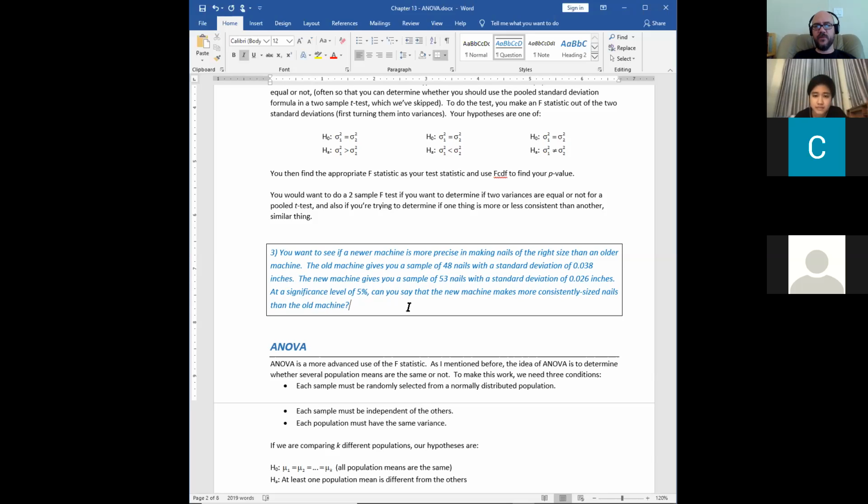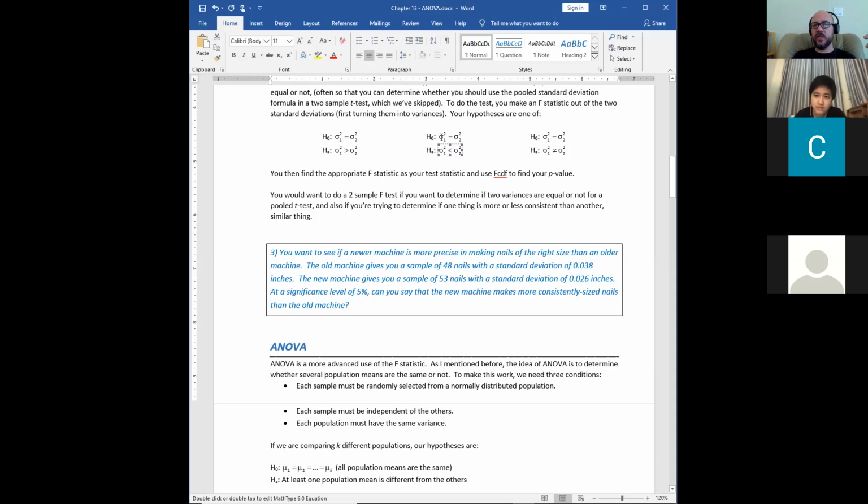So we want to see if the standard deviation for the new machine is less, because that's what more consistent means. Remember that higher standard deviation means less consistent. So we want to see if the new machine has a lower standard deviation than the old machine, which is going to be like this one probably.